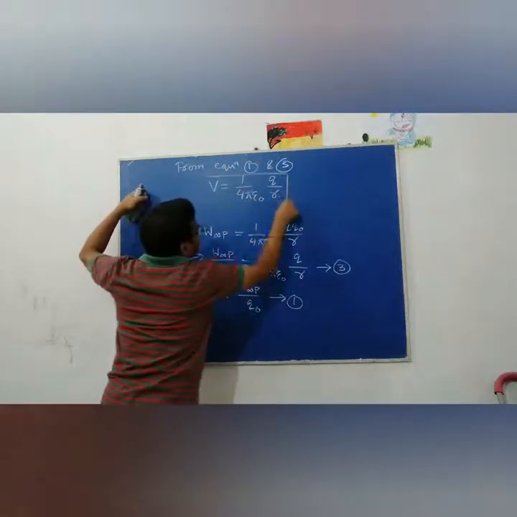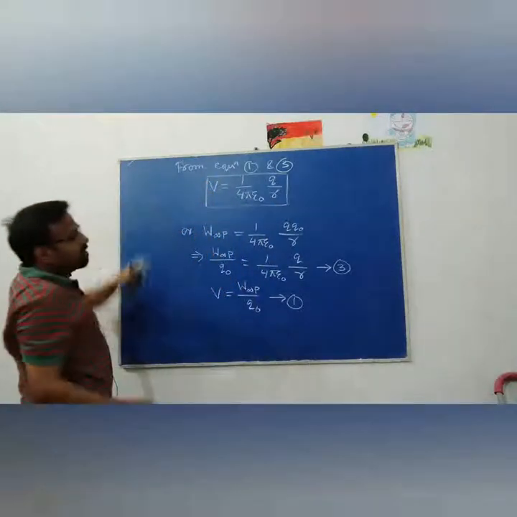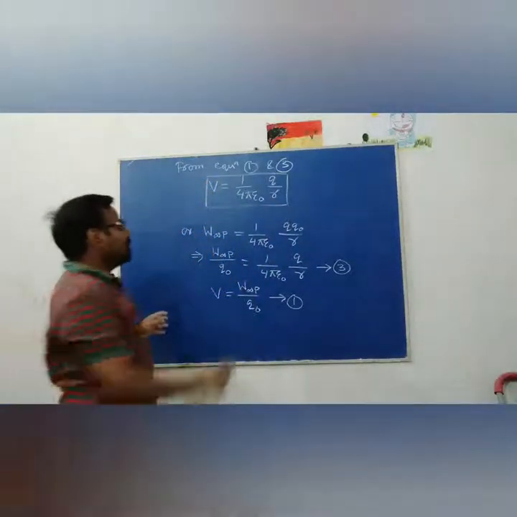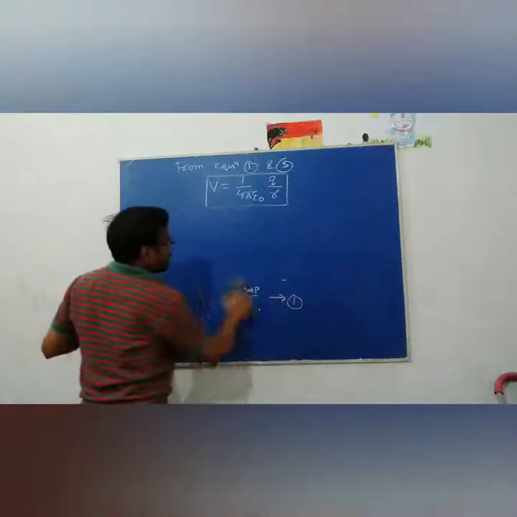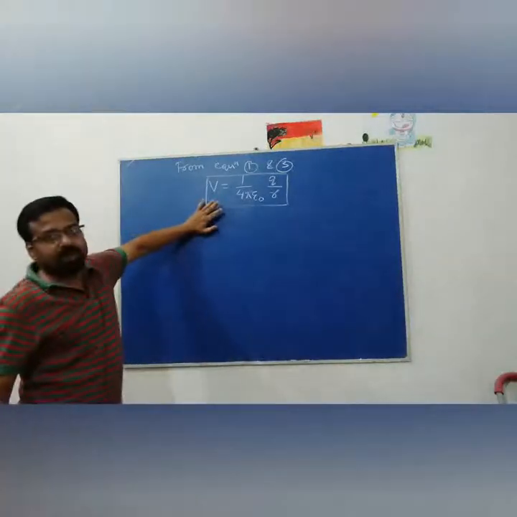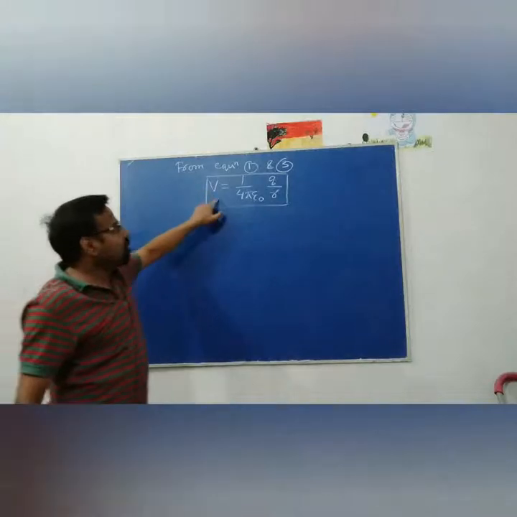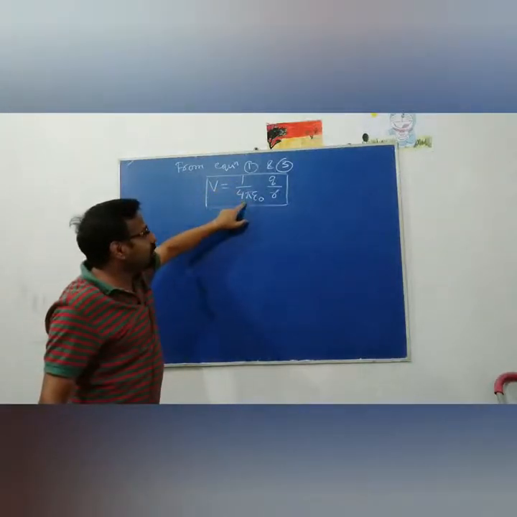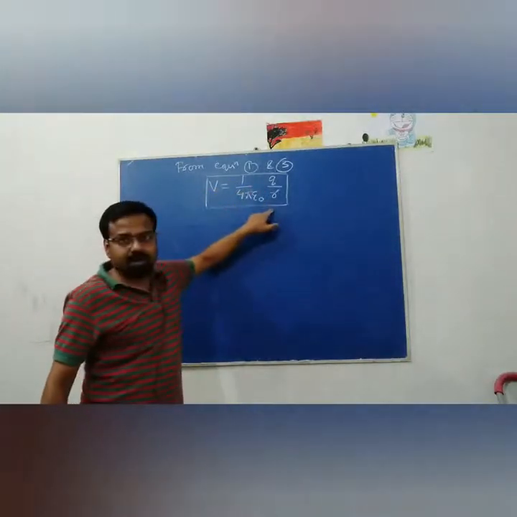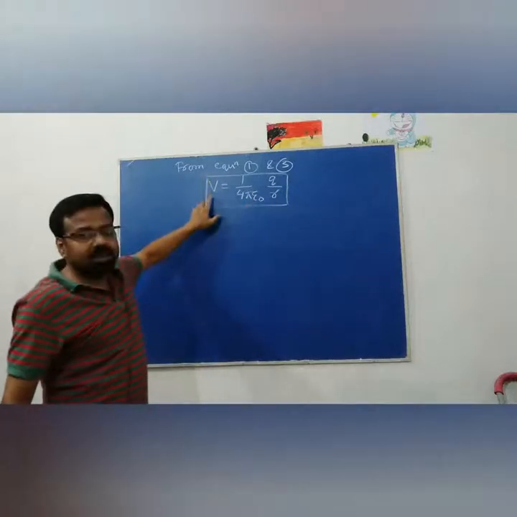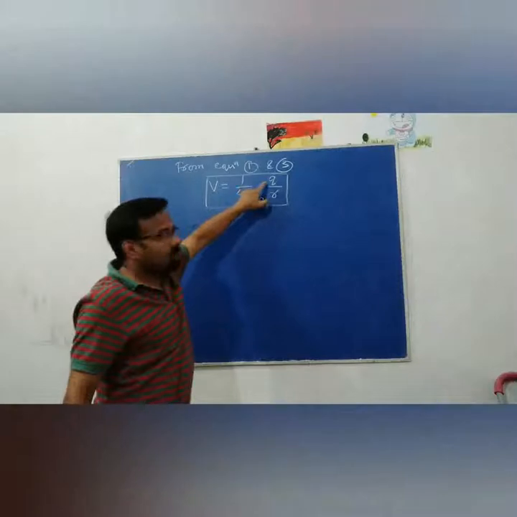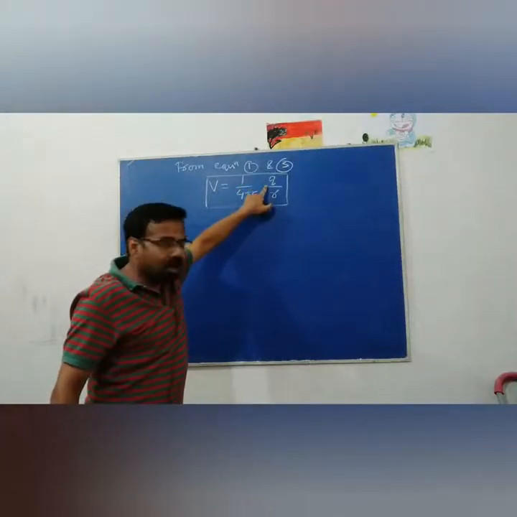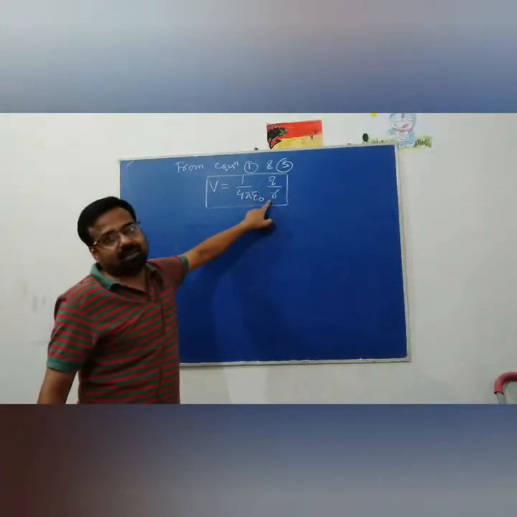So this is the expression of potential due to a point charge. Now very carefully observe this expression V equal to 1 by 4 pi epsilon naught Q by r. So on what factor does potential depend? That is the value of source charge and distance.